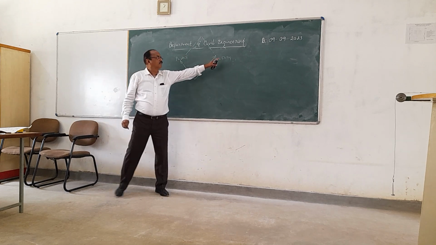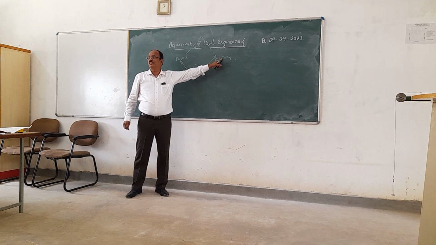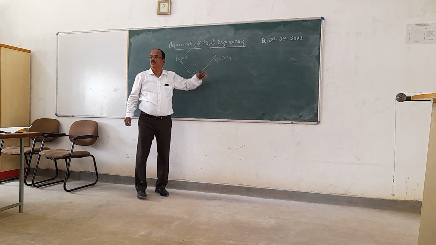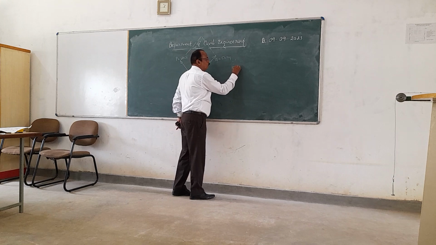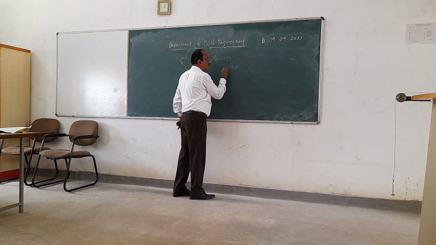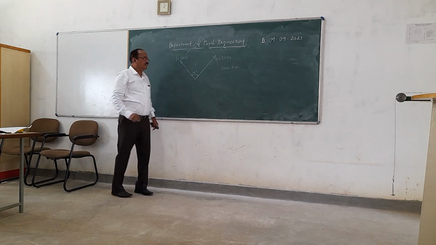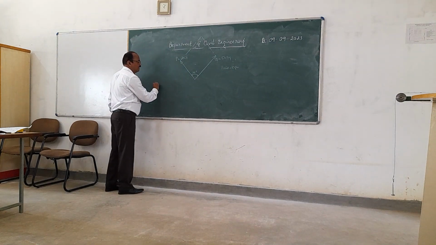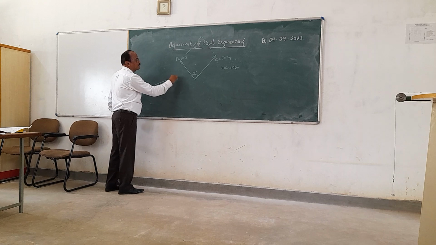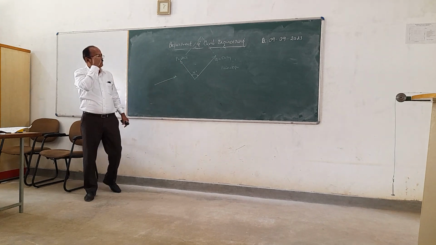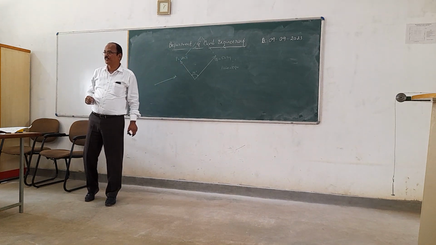Say 10 grams is equal to 1 unit. 1 unit is equal to 10 grams. That is in one particular direction. This is how much? 50.74 over 10 is 5.7.